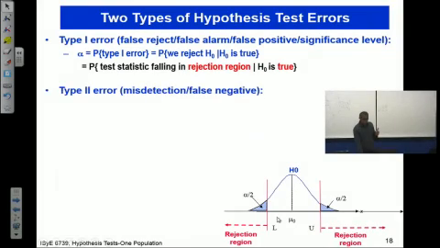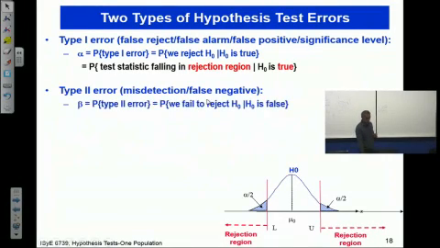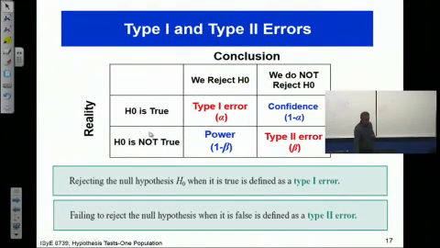Okay. So type 2 error. It's also known as misdetection rate and false negative. Again, if I go back, it's the probability of not rejecting H null, given the fact that H null is not true.